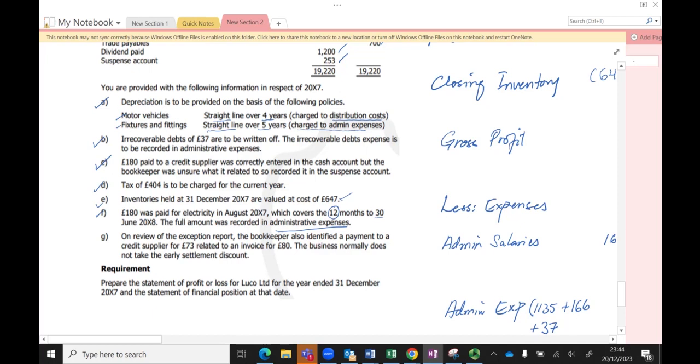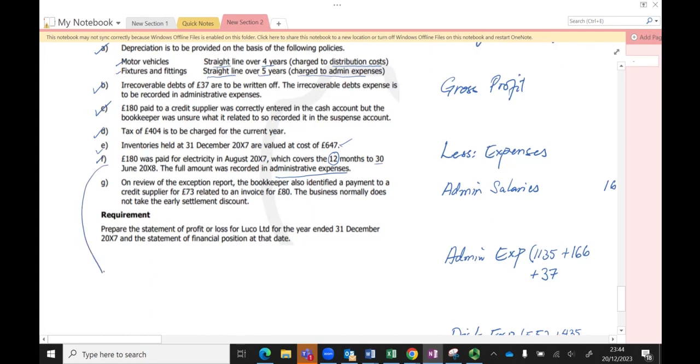So let me show you over here. 1st of July 2007 until 30th of June 2008. Now, how did I work that out? It is paid until 30th of June 2008, and it is for 12 months.